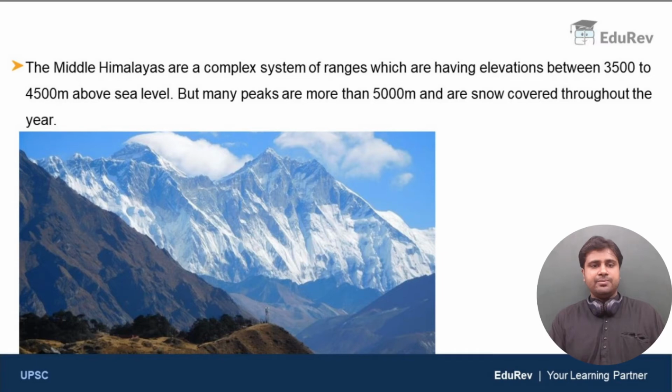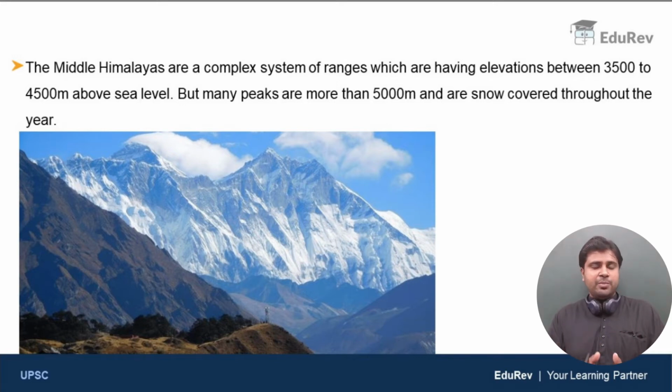Now, proceeding. The Middle Himalayas are a complex system of ranges which are having elevations between 3,500 to 4,500 meters above sea level, but there are many mountains whose elevation is more than 5,000 meters and are snow covered throughout the year.